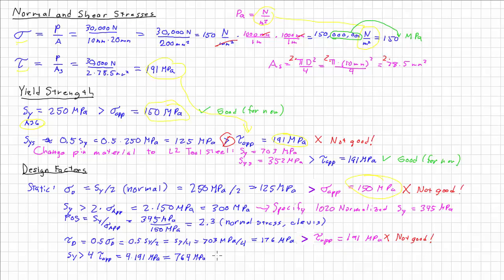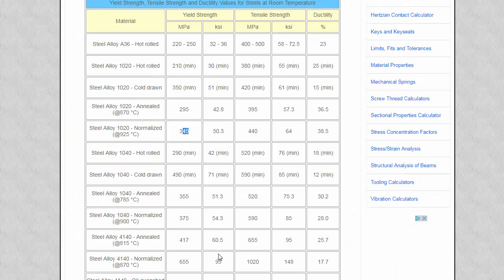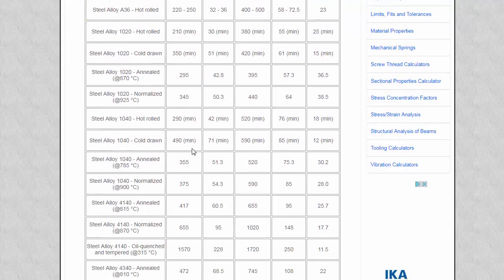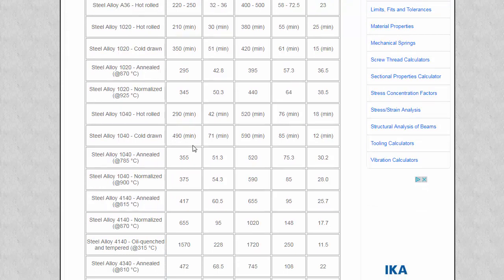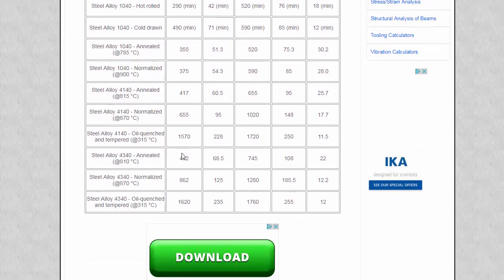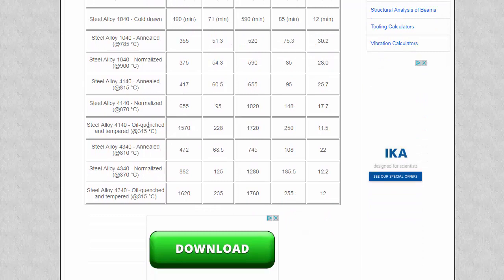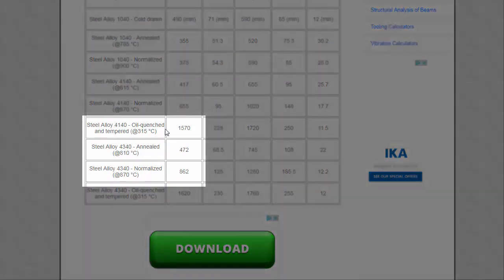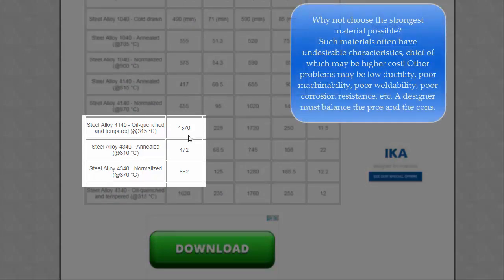So let's see if we can go back and find a material that's going to work. So we need something that's more than 764. Well, most of these are in the middle hundreds range. Now here we have a 4140 oil quenched and tempered at 1570. That might be a little bit too much there. But we could go with that, or we could go with the 4340 normalized.